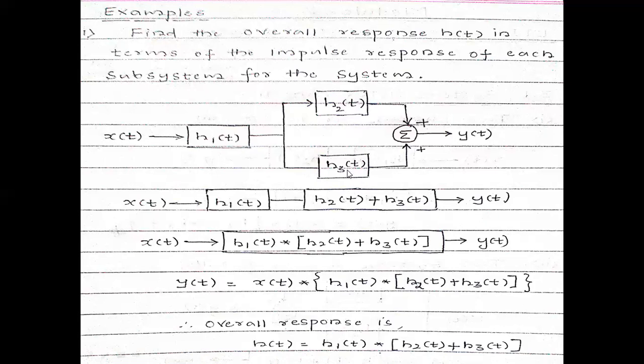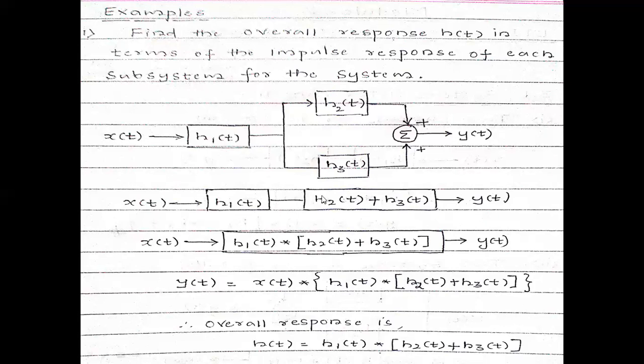H2 of t is connected with H3 of t, so their overall response will be H2 of t plus H3 of t. And this overall response is again connected in series with another system having impulse response H1 of t. So now this H1 of t is connected in series with this H2 of t plus H3 of t.